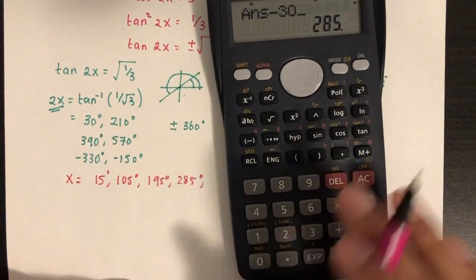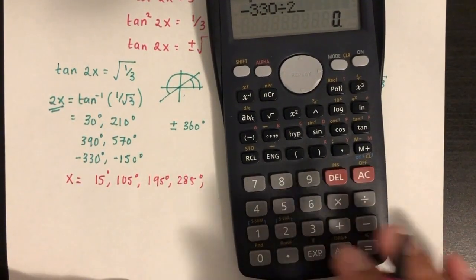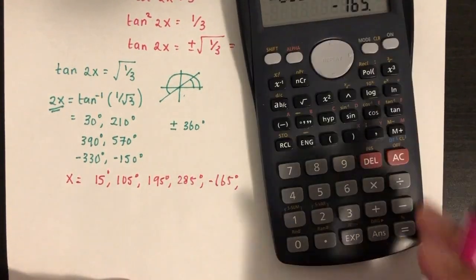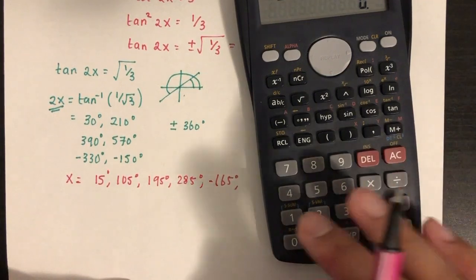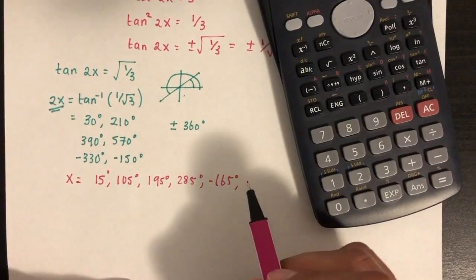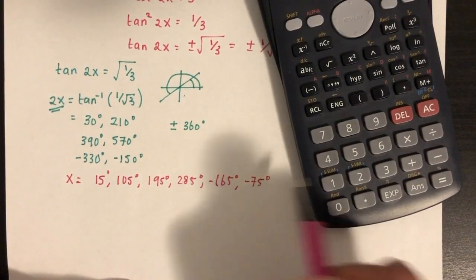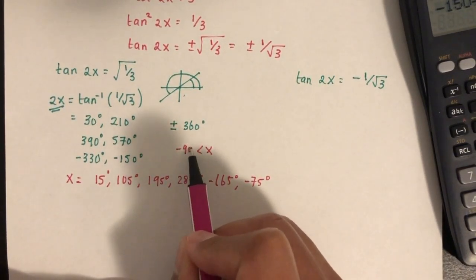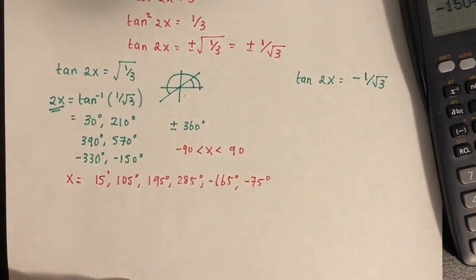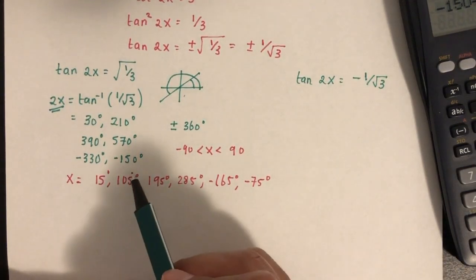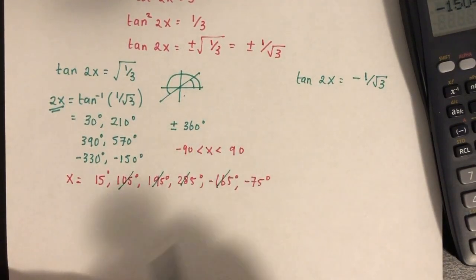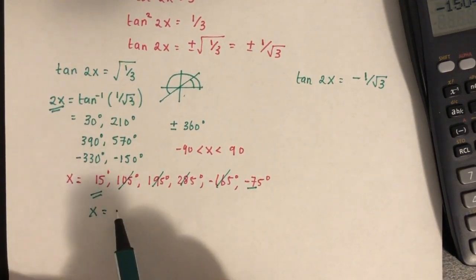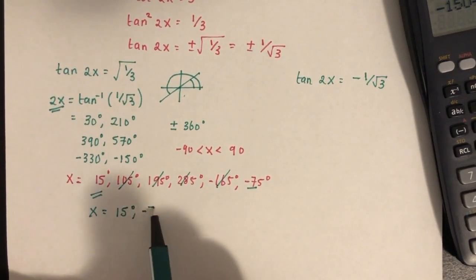Then we have minus 330 divided by 2, minus 165, and the last one is minus 150 divided by 2, minus 75. So now keep in mind your range is between minus 90 to 90. So if you look, this one is outside, outside, outside, and outside. So only two values remain. So your value of x on this side will be 15 and minus 75.